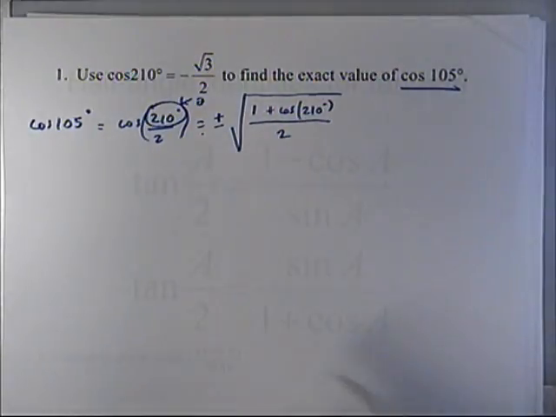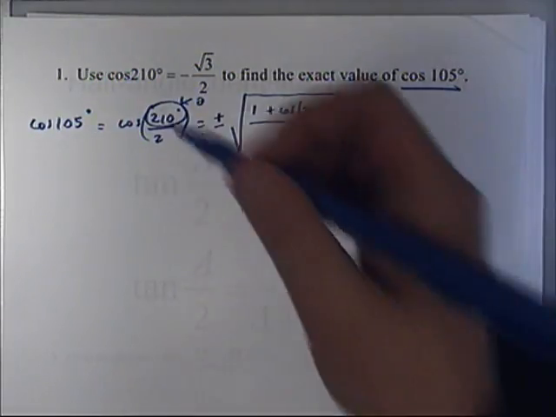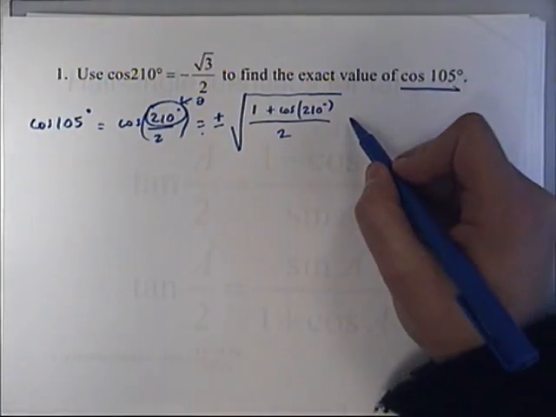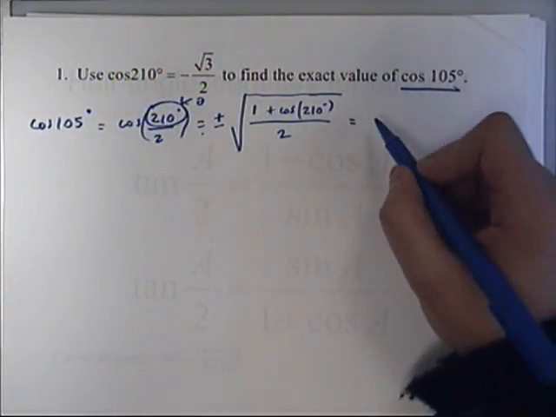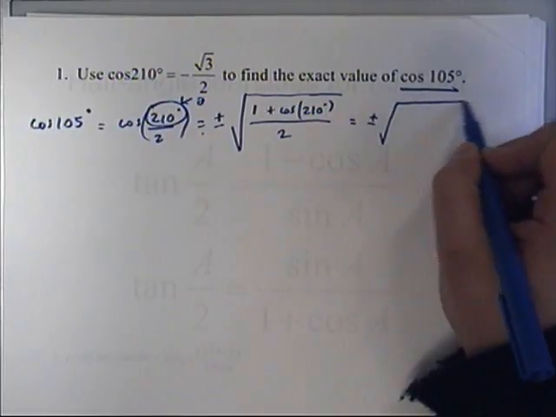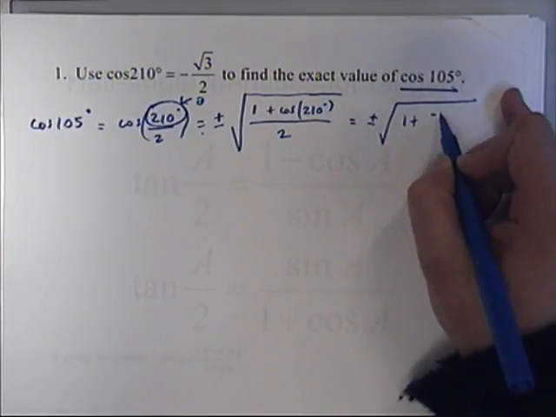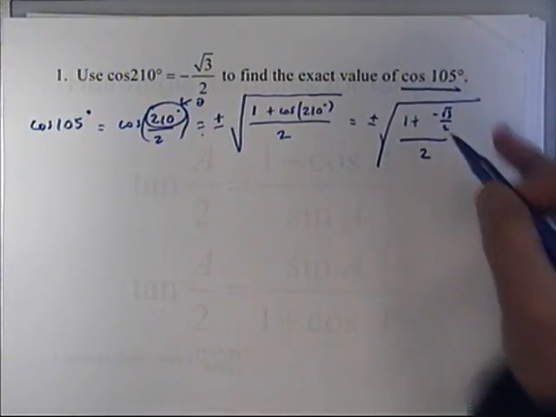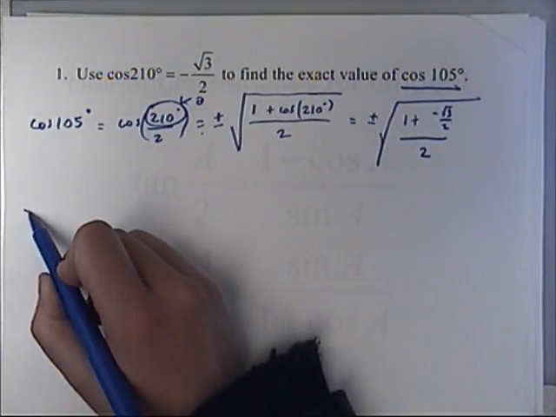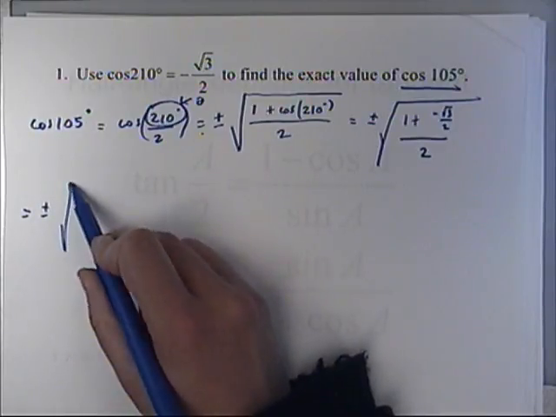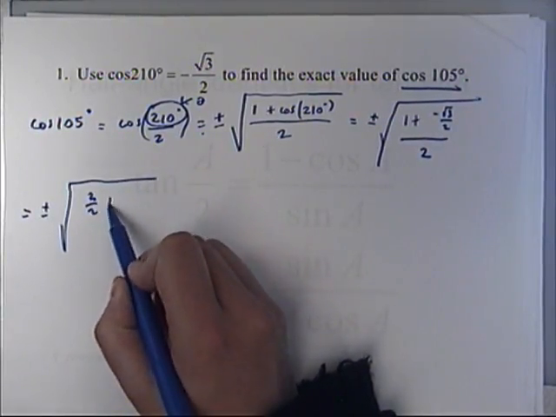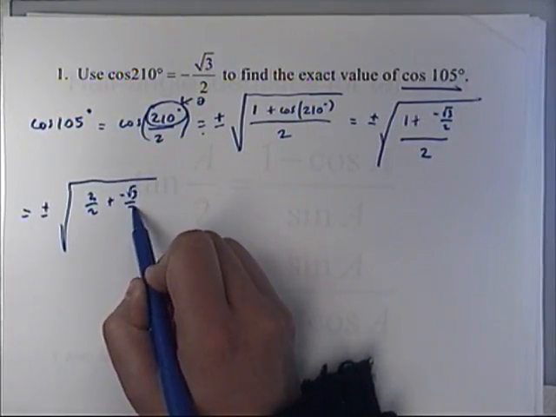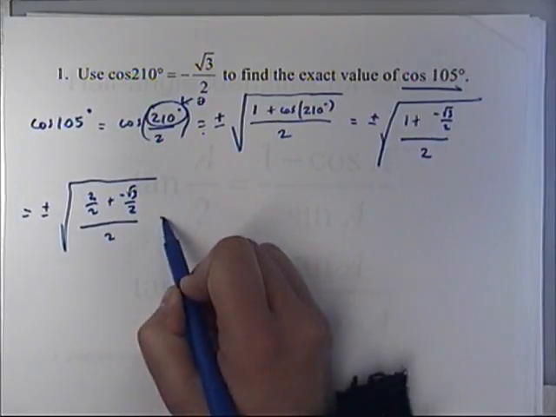So then, when we simplify this, they already tell us what the cosine of 210 degrees is. It's negative root 3 over 2. So we don't have to draw any triangles or find anything. That's good. So now, underneath the radical here, I have 2 over 2 plus negative root 3 over 2, all over 2, lots of 2's here.